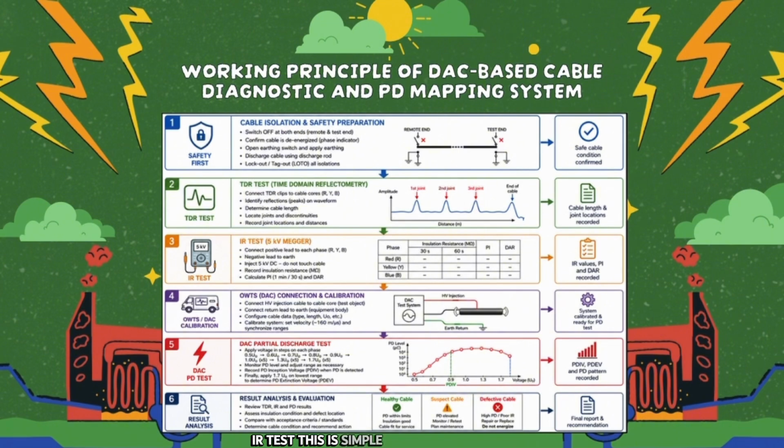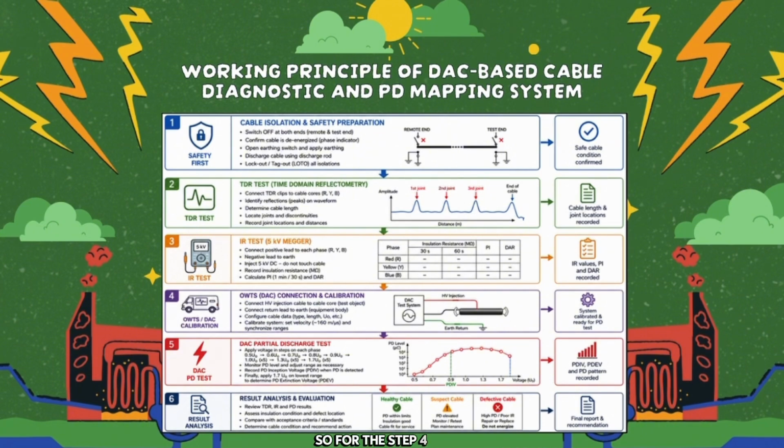This is simple test. Using a 5 kV megger, we inject high voltage DC across the phase to check for fundamental insulation breakdown, recording specific resistance value over 30 second and 60 second interval to calculate the polarization index and the dielectric absorption ratio, or we call it DAR.